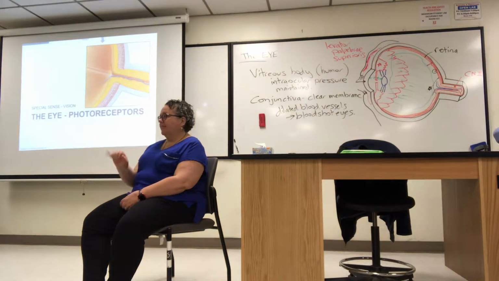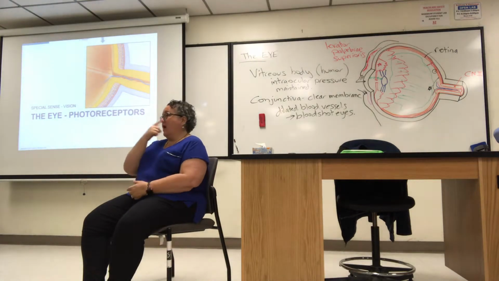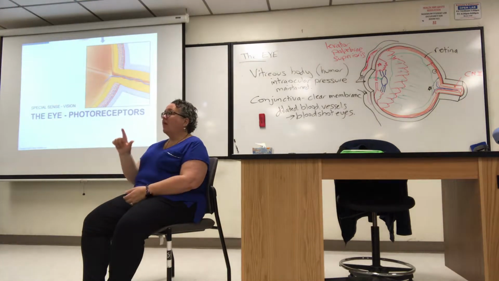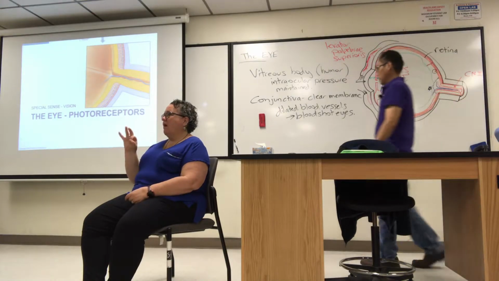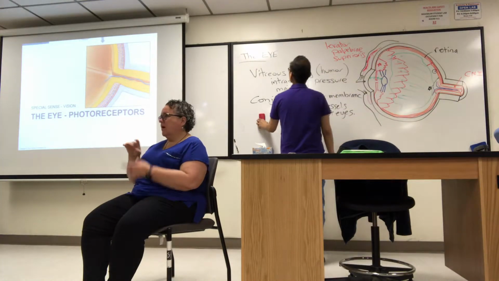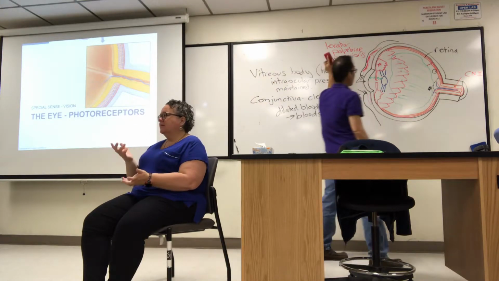All right, so now we kind of have a basic understanding of the anatomy of the eye. Let's talk about the cell physiology of the photoreceptors, called that because they absorb photons of light. You take physics, you learn all about light. So I think I can erase this now.